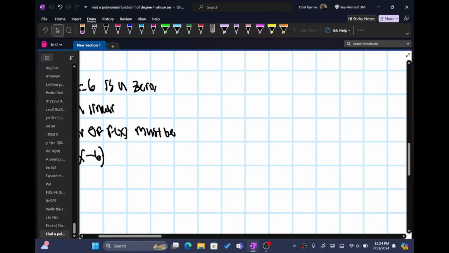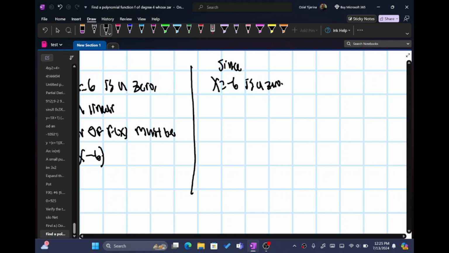Similarly, for x equals negative 6, since x equals negative 6 is a zero, then x plus 6 must be a factor.